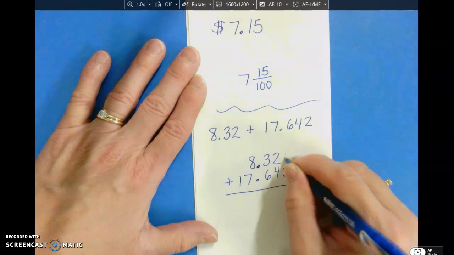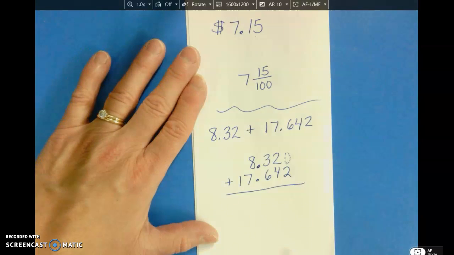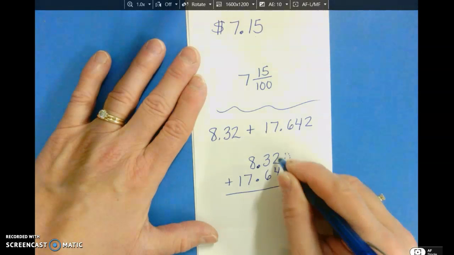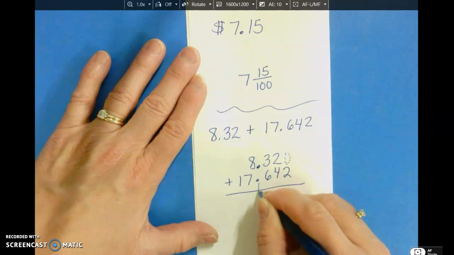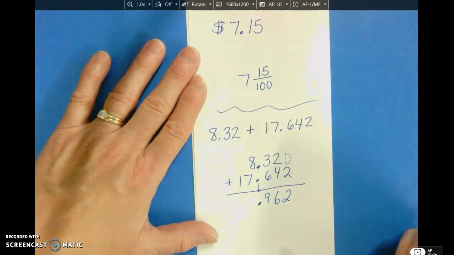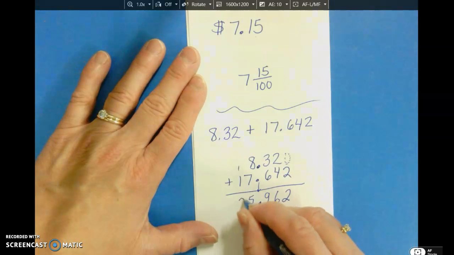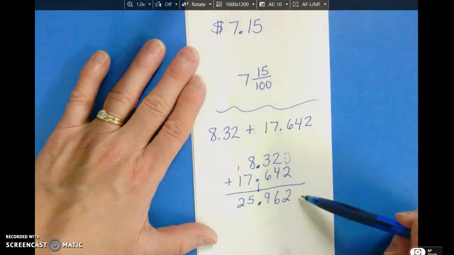I can imagine this being a 0 because I don't have any thousandths, but if you need to see it just to make it look right, 0 plus 2 is 2. 2 plus 4 is 6. 6 plus 3 is 9. Bring down the decimal, put it right there in the same spot. 8 plus 7 is 15 with a little regrouping, and 1 plus 1 is 2. So my sum is 25 962 thousandths.